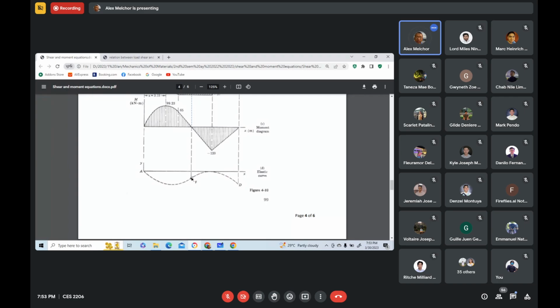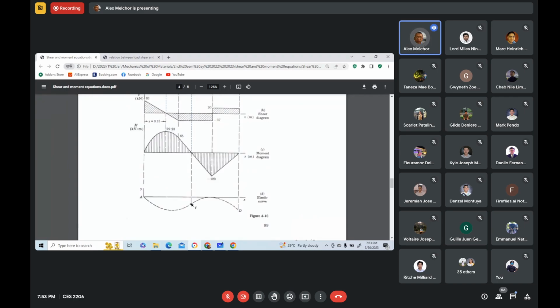So at point F, the point where we have the zero moment, that is a point of inflection. That is the point where we have the change of the curvature of the beam from concave upward to concave downward. Okay, we have positive moment, concave upward, and here we have negative moment that's concave downward. That is the elastic curve. This one here.